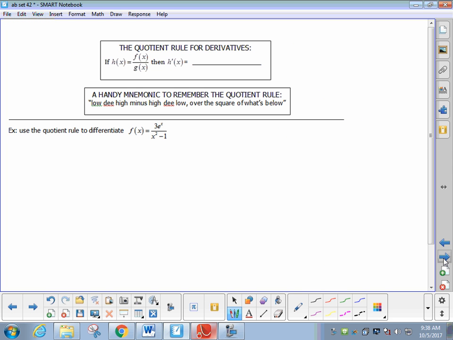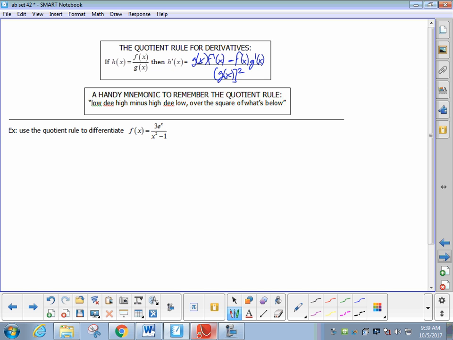If you had the derivative of a quotient, like f over g, then it's g of x, f prime of x, minus, not plus, a very common error, f of x, g prime of x, over g of x, that whole quantity squared, which is basically what we just developed.